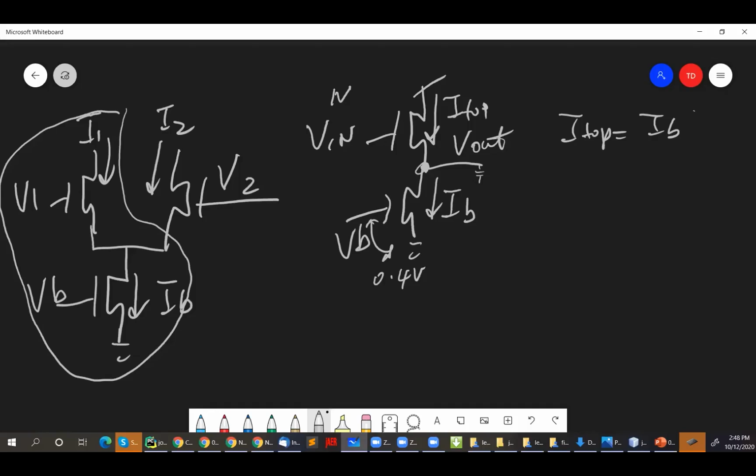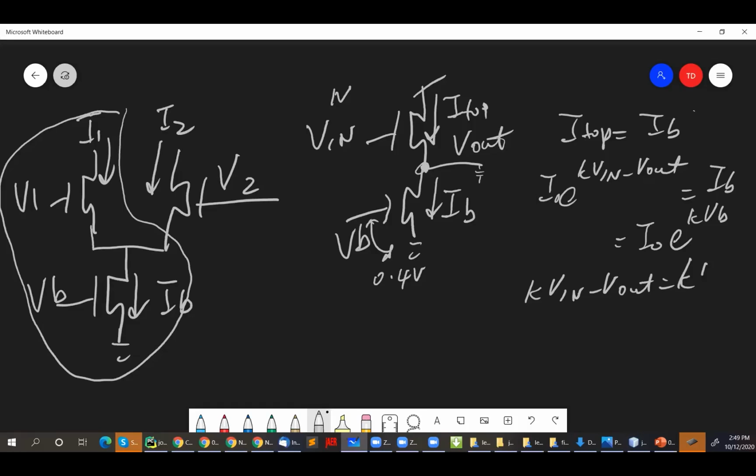So you can use the usual exponential equations in subthreshold, and then I top will be equal to I naught e to the kappa (V in minus V out) equals IB, right? And IB I can rewrite as really what the transistor IB equation is, I naught e to the kappa VB. So we know that if it's equal, then I can cancel both sides, and I know that kappa (V in minus V out) equals kappa VB.